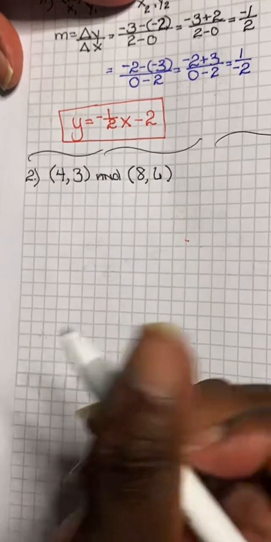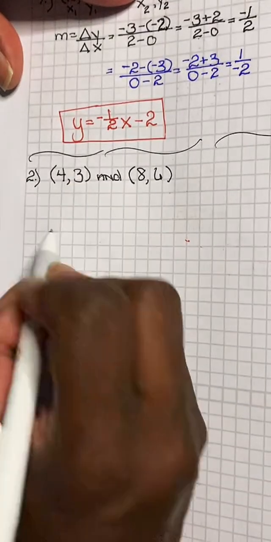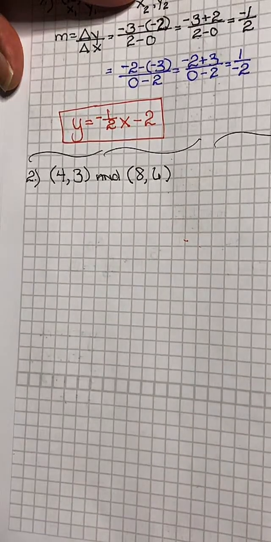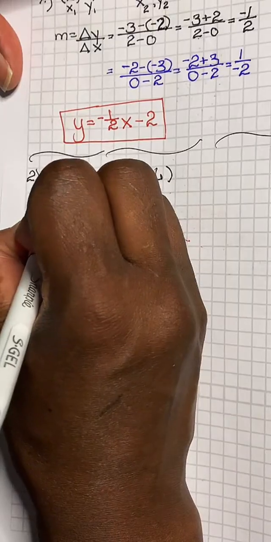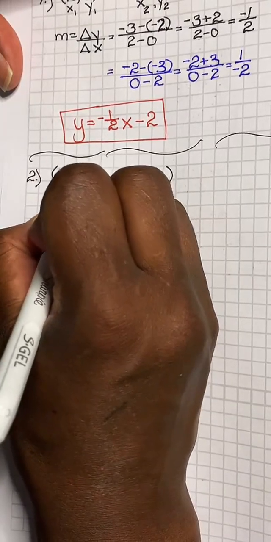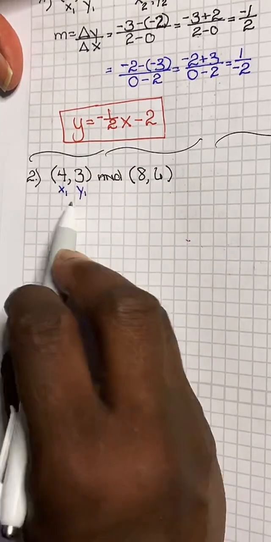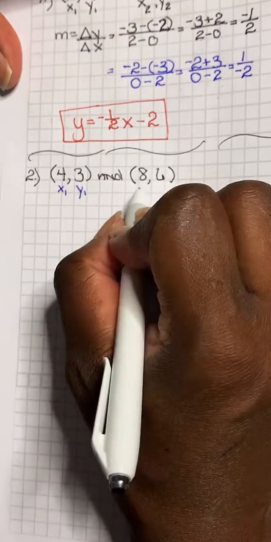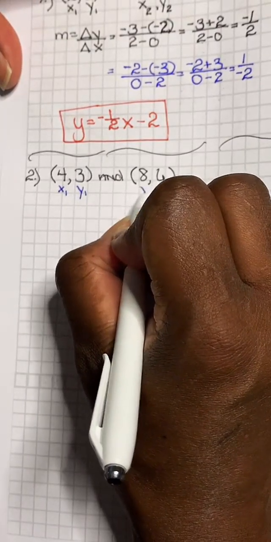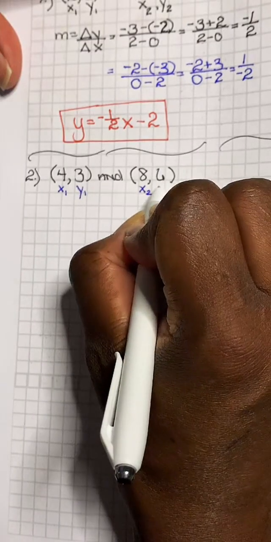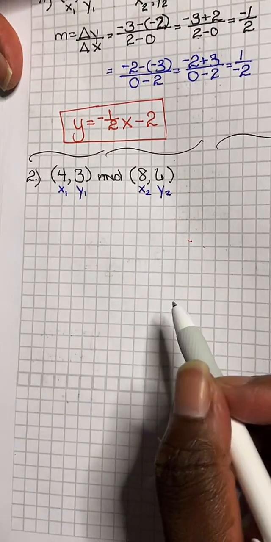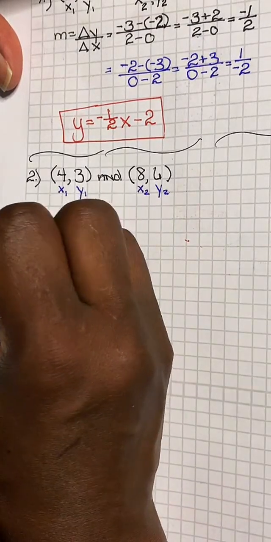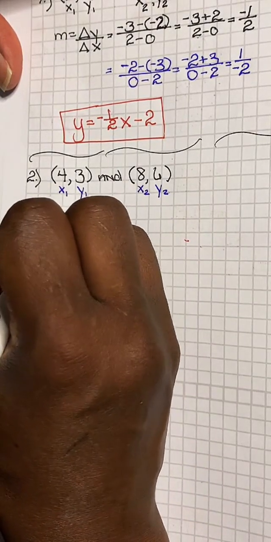Okay, well, thank you. So when they give you 2 points, let's label them. Since this is my first point, this is my first X and my first Y. This will be my second X and my second Y for the second point. Now we're finding slope.